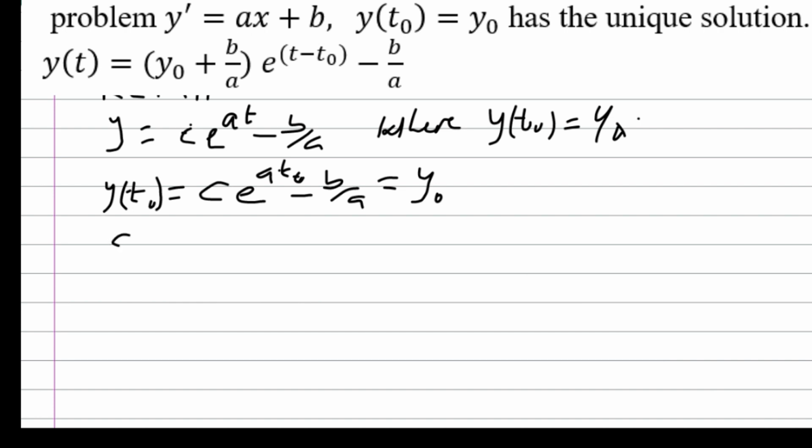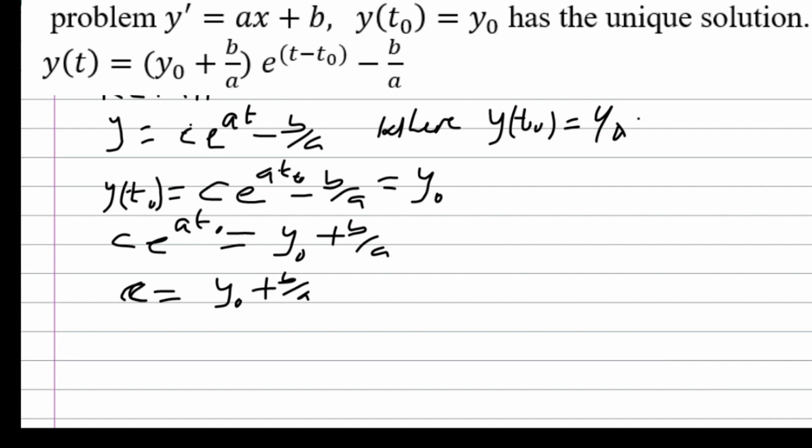Now c e exponent a t naught is equal to y naught plus b over a, which implies that c is equal to y naught plus b over a, dividing both sides by e exponent a t naught, which gives e exponent negative a t naught, and this is c.